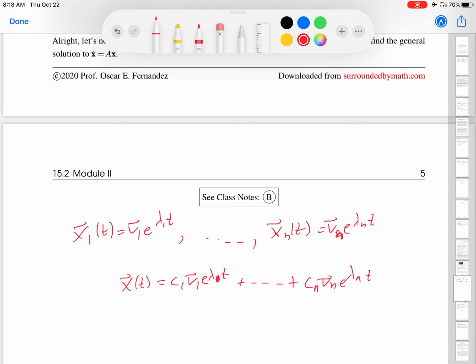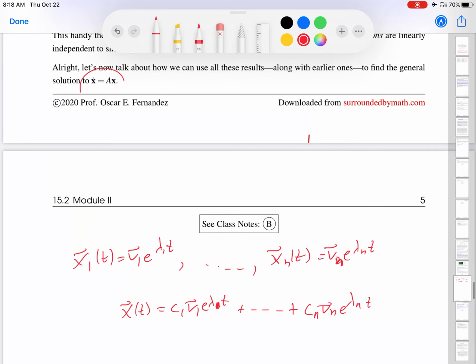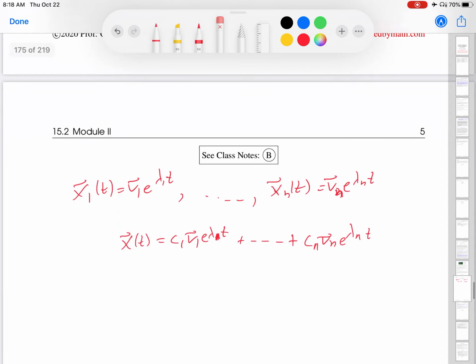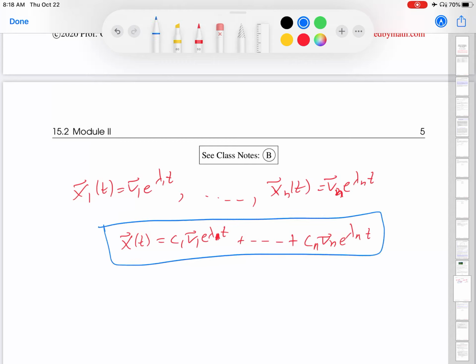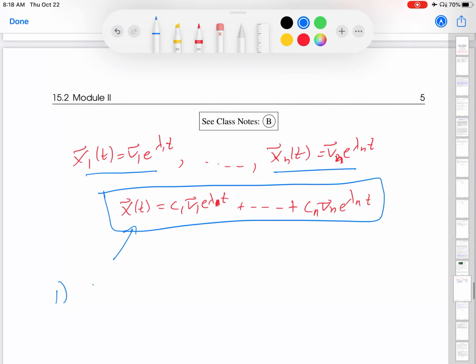So this is exactly what we're going to talk about in this new setting of solving x dot equals Ax. How do we do that? Well, in order for this to in fact be the general solution, these have to be a basis for the vector space of solutions. There's a lot that we need to know. We already know that the set V of solutions to x dot equals Ax forms a vector space.